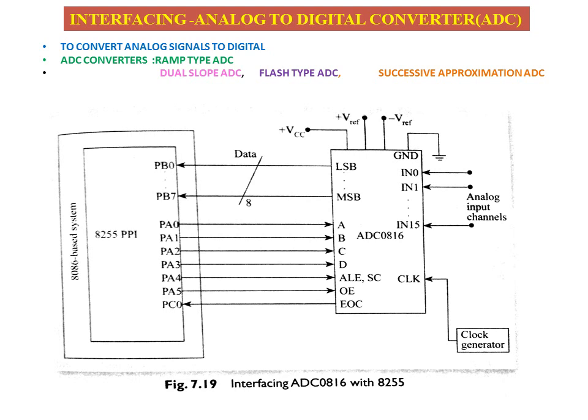The total real world data is in the format of analog signals. So here analog signals are nothing but analog voltage signals. These analog signals must be converted to digital signals to be understood by the microprocessor.